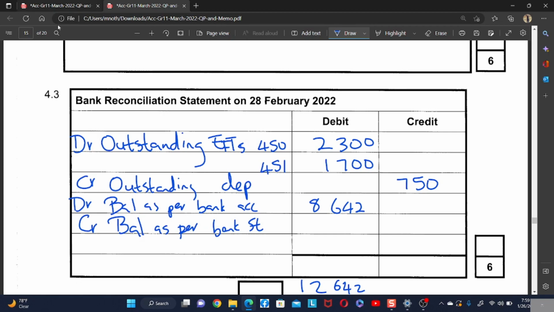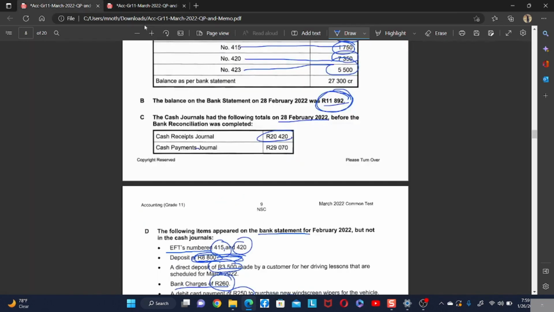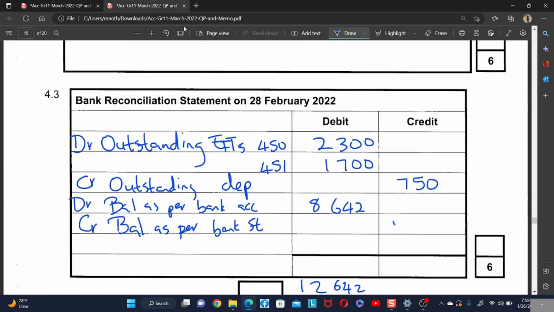So it is 11,892. Now they are balancing. Thank you.